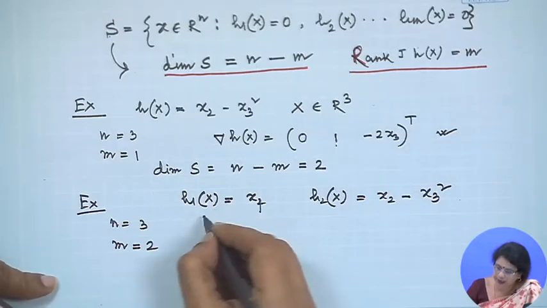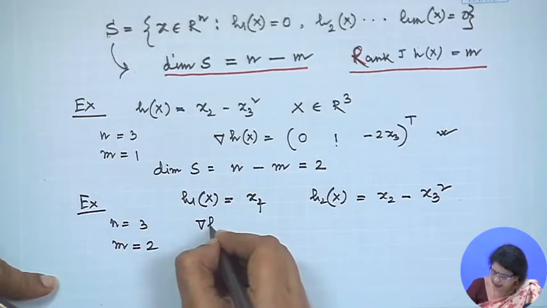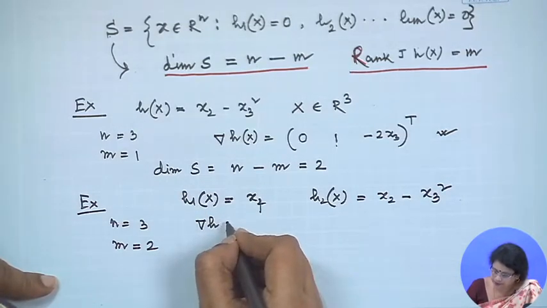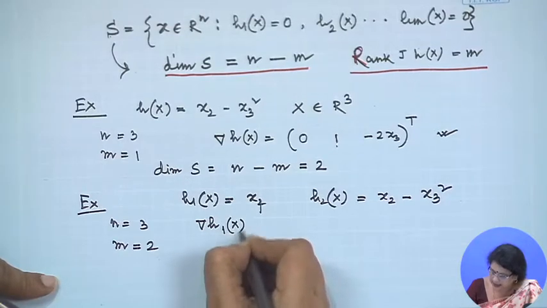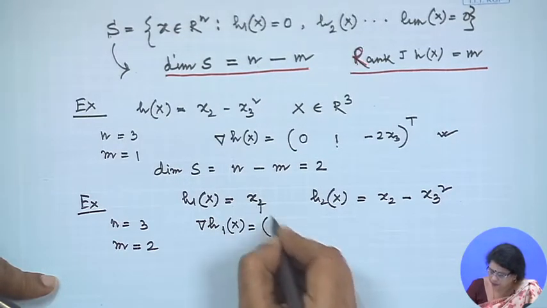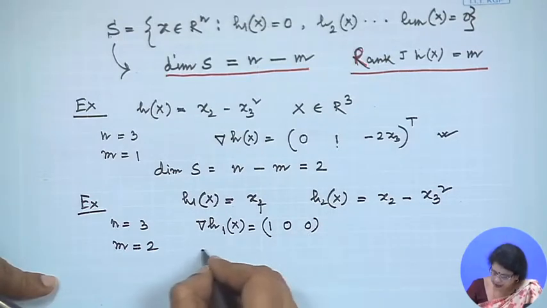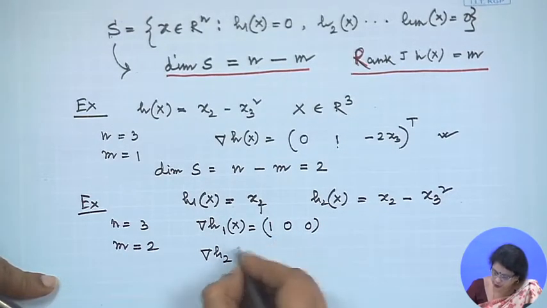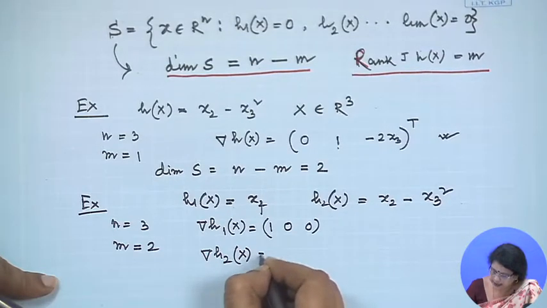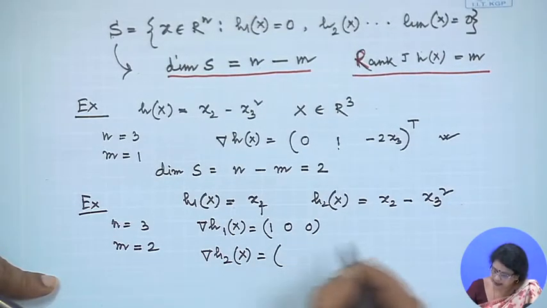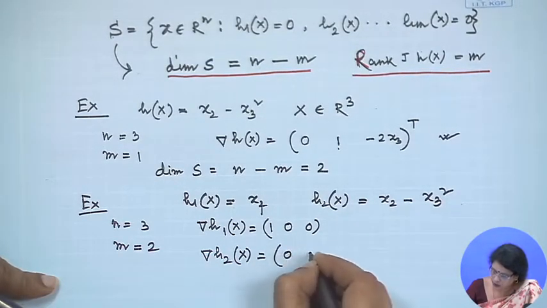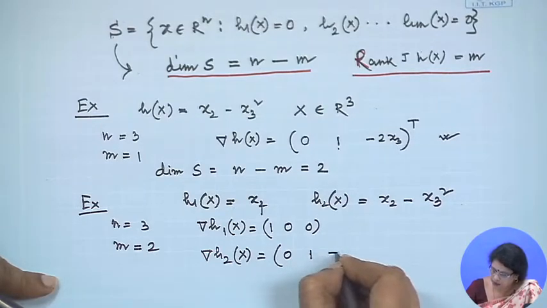Then from here we can get that grad of h1(x) is equal to (1, 0, 0), and grad of h2 is equal to (0, 1, minus 2 x3).